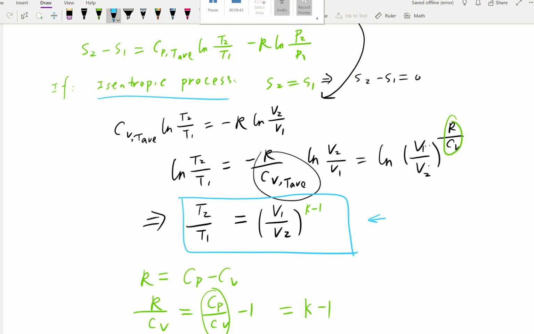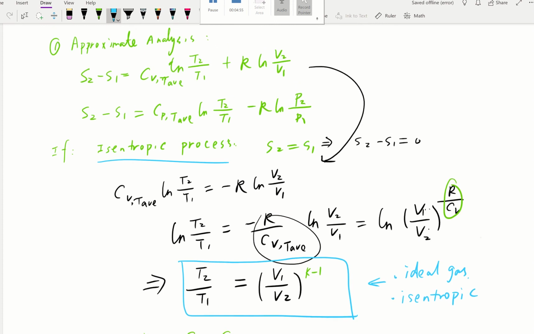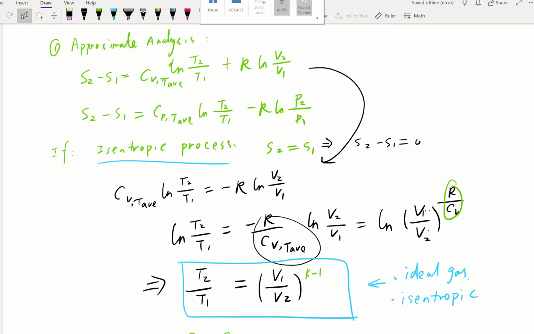So we have to be careful. This is for ideal gas, and it's an isentropic process. Those are the two conditions. Okay, so imagine if we did this derivation for the first equation, we're going to get another equation from the second equation as well, right?